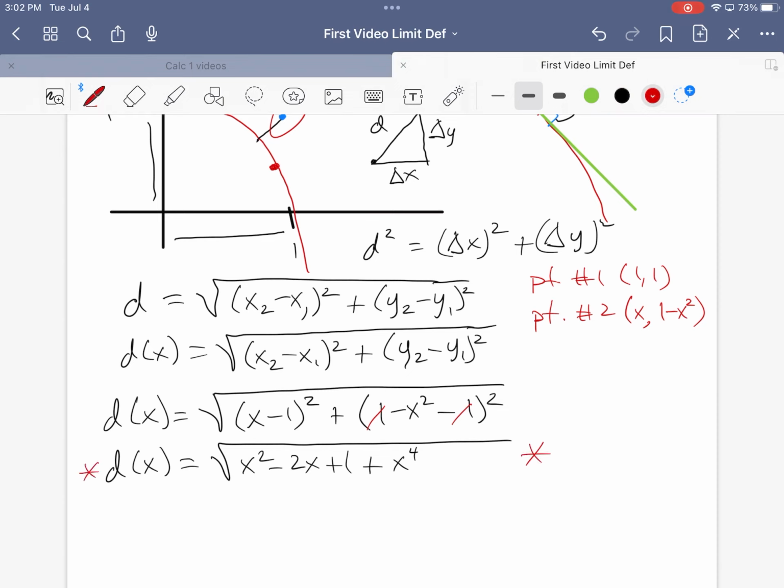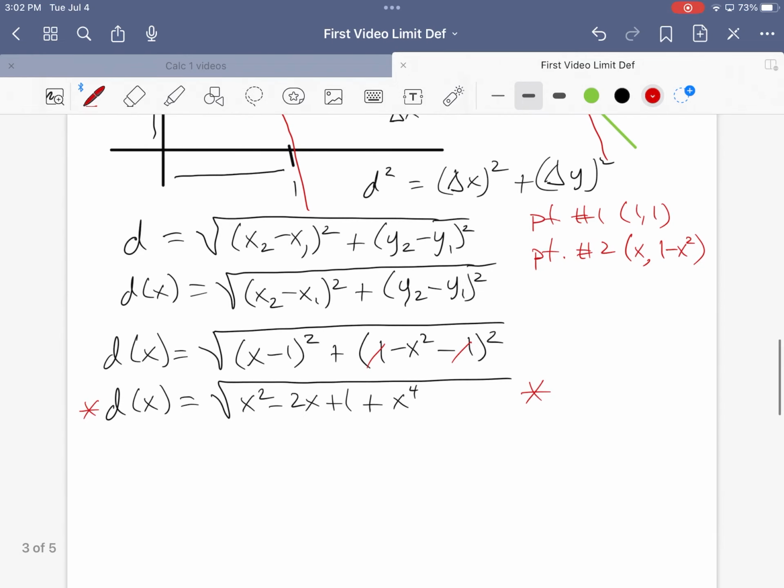And that's often the most challenging part of these problems, is coming up with that function. Okay, so I want to minimize this. And as we've already noted, when we want to minimize something, we're going to take the derivative.